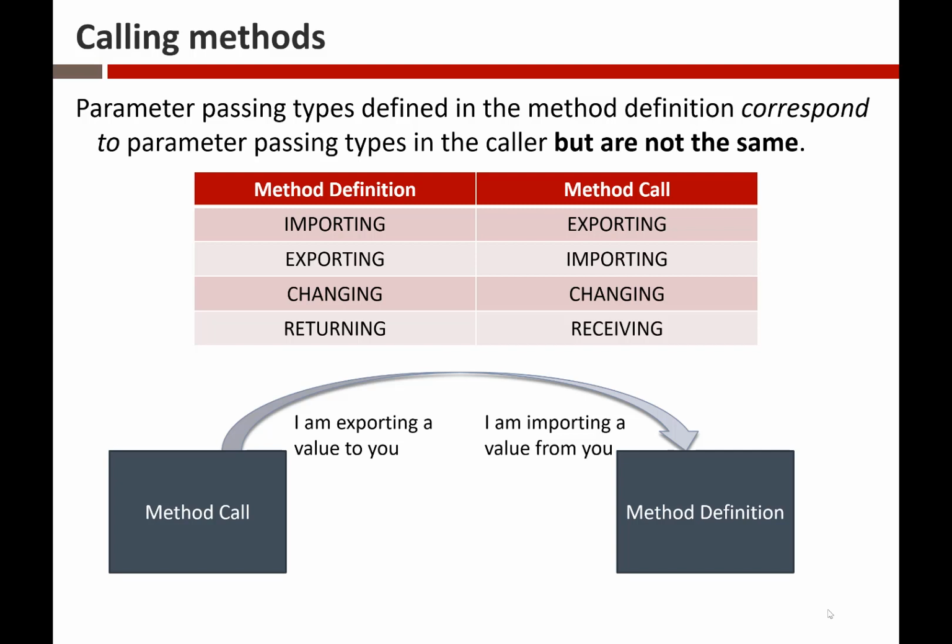In the method definition, if I use importing, exporting, changing, and returning, then when I call the method, importing matches with exporting, exporting matches with importing, changing's the same, and what I declare in the method definition as returning on the method call is denoted as receiving. So you kind of have to keep all of that straight in your brain, or just work through it and remember the inverse here.